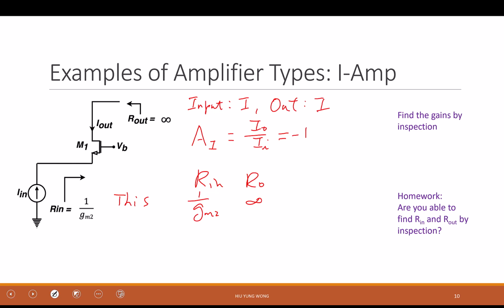Correct, right? Now, how about the ideal one? You want to have 0 output, infinite, right? So anyway, this has a large output impedance, right? And it works well as a current amplifier.